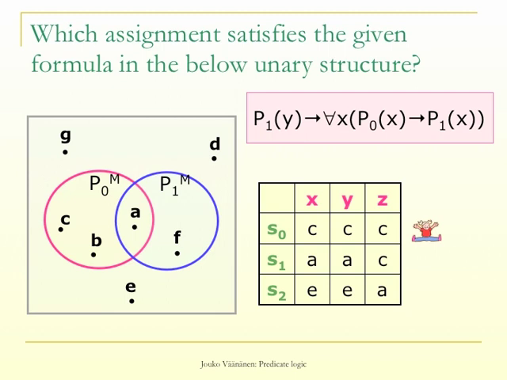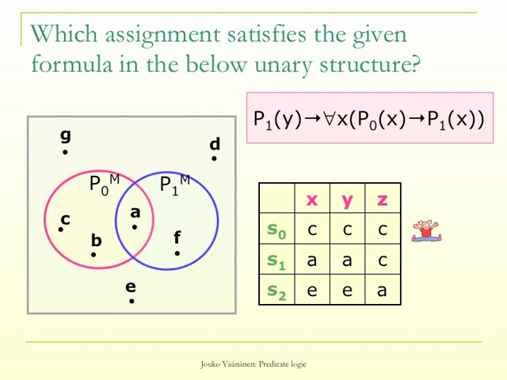S1 gives y the value a, which is in p1, so we can't use this easy trick. We have to look at the conclusion also. The conclusion says that every element of p0 is in p1. So it doesn't talk about y or, in fact, any variable, particularly because it doesn't have any free variables. So let's look at the picture. Is p0 a subset of p1? No, it's not.